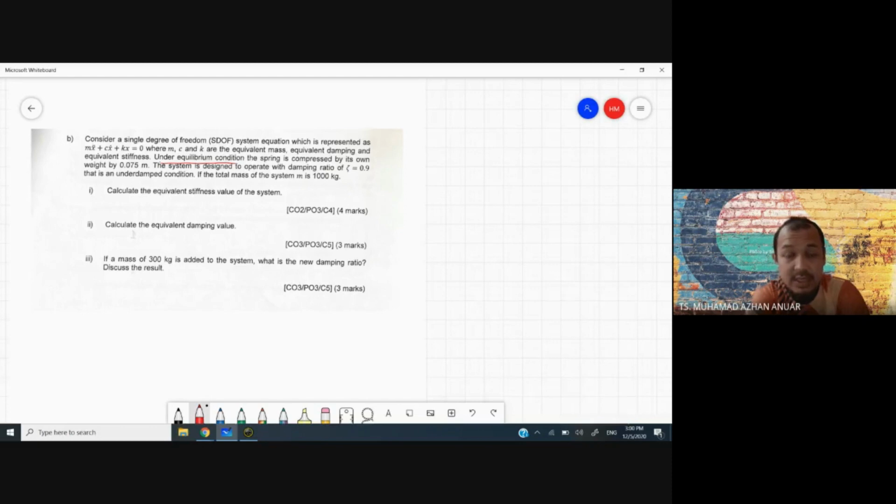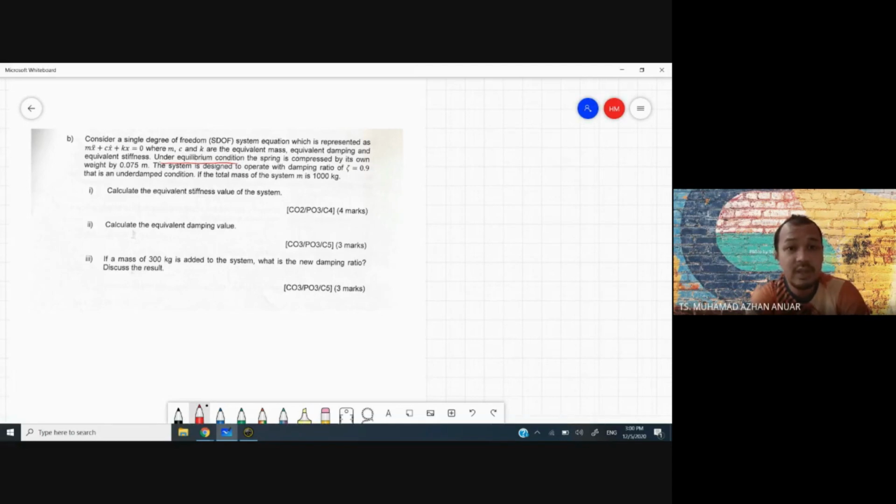So at static equilibrium, the spring is compressed by the weight of the block or the mass, and the deflection at this condition is 0.075 meter. And the system is designed to operate with damping ratio zeta equal to 0.9. So it is given in this question that the system is an underdamped system with zeta value 0.9.